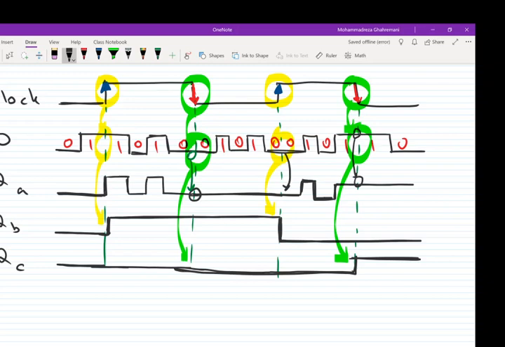So this one is how a D flip-flop works. Okay, in the next lecture, I will talk about the other types of flip-flop.